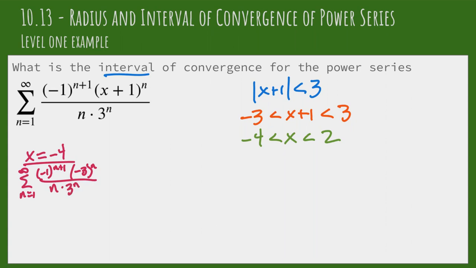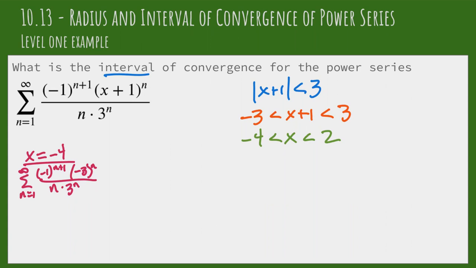Now we have a couple of choices here. You can cancel stuff out if you want. The negative 1 to the n plus 1 and the negative 3 to the n, you can write that as a single expression. That's going to be, what is that, negative 3 to the nth power, I think.